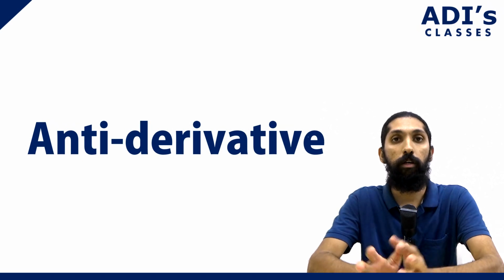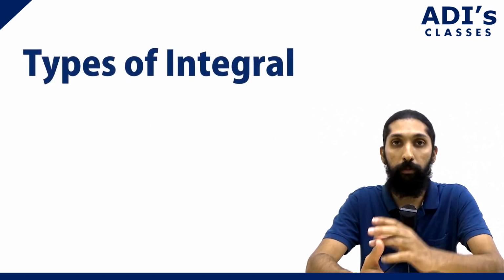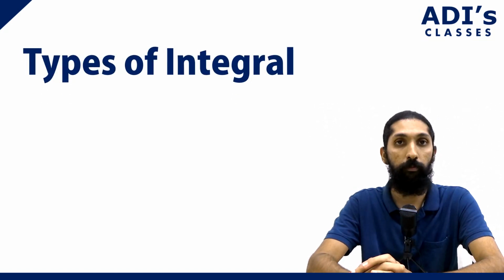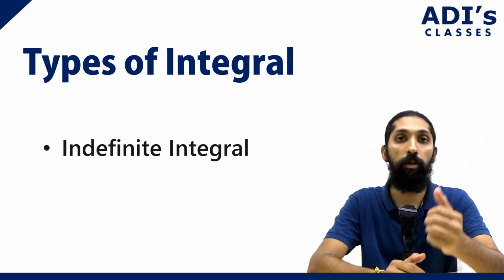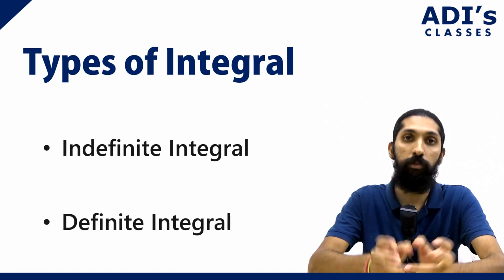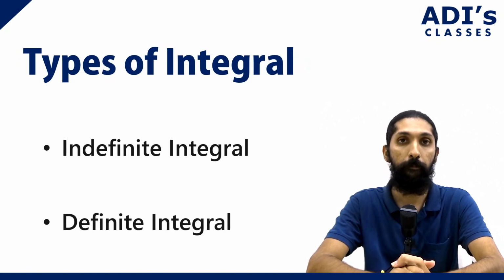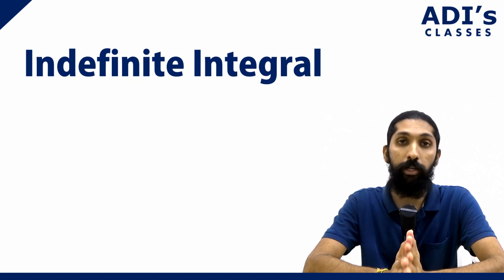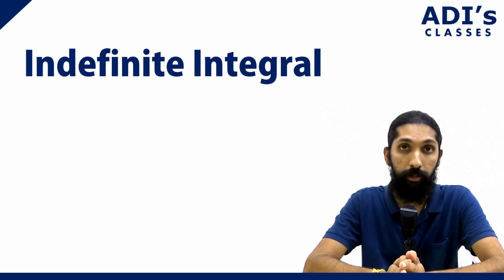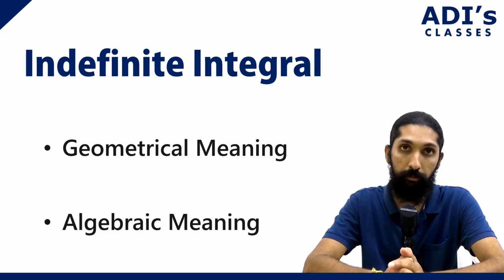Clear? Now, whenever we talk about integrals, there are two important types you will be learning in this chapter. One is the indefinite integral, which is the major chunk. Then you have the definite integral, which is the later part of calculus in the integrals chapter. Whenever we talk about indefinite integrals, you need to understand their meaning, like there is a geometrical meaning and there is an algebraic meaning.